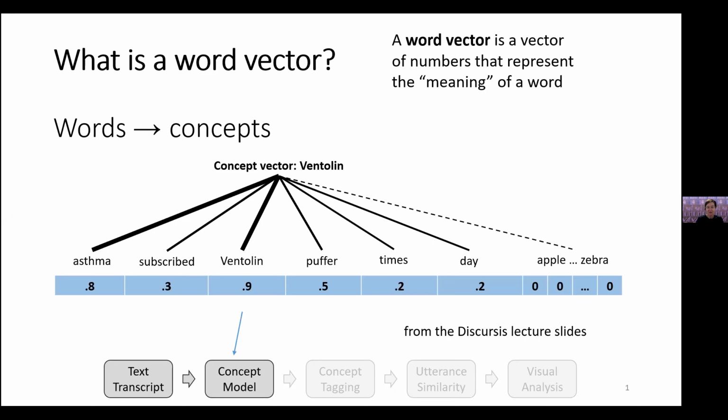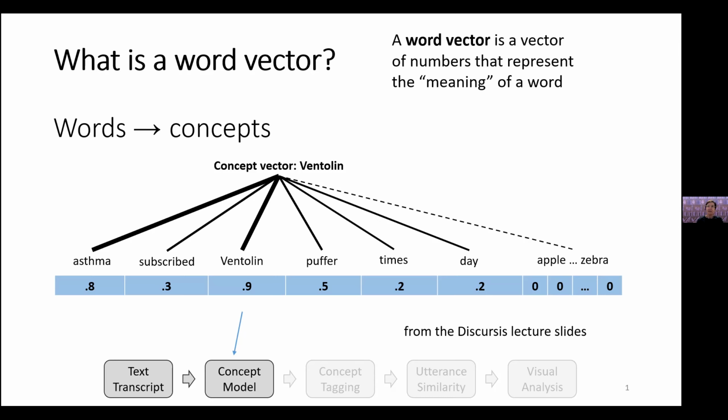I put meaning in quotes because as soon as a computer scientist, AI researcher or NLP person talks about meaning, you should ask: this is a very fuzzy word, how are they going to cash it out? There'll be multiple ways to cash it out, so there's a lot of really interesting computer science underlying this phrase.